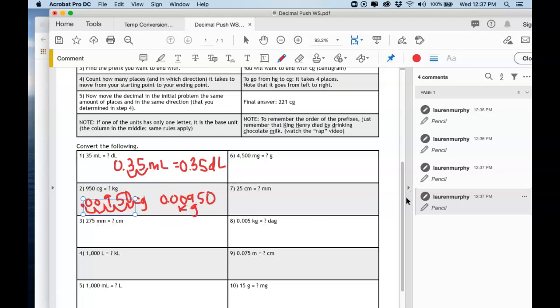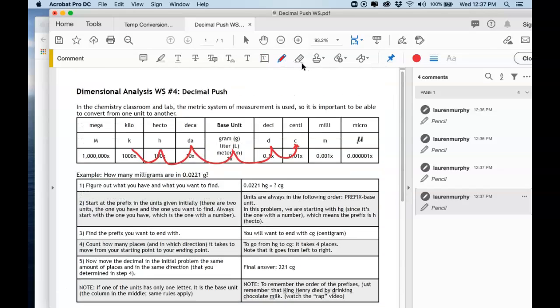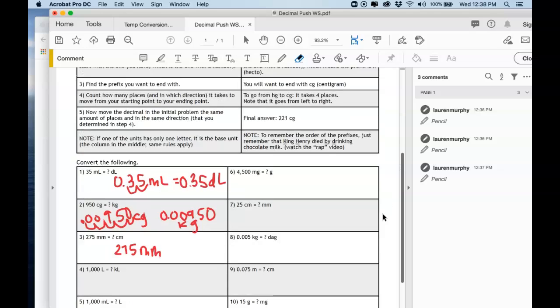Okay, so now I'm going to do the 275 millimeters. So you go back up here. All right, let me erase this again. Okay, so millimeters to centimeters.